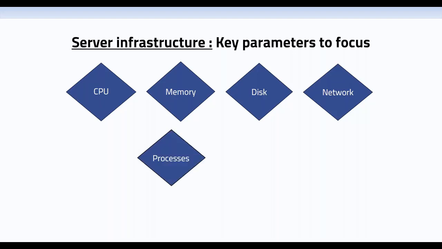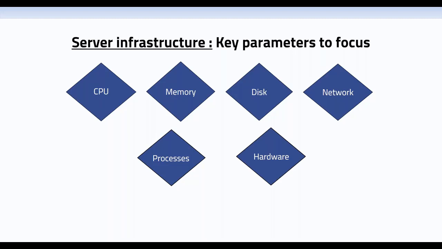The processes and the services, all of those underlying activities that happen on your server, are an important part to focus on as well. And of course, as we saw in the agenda in the previous slide, the hardware components as well.